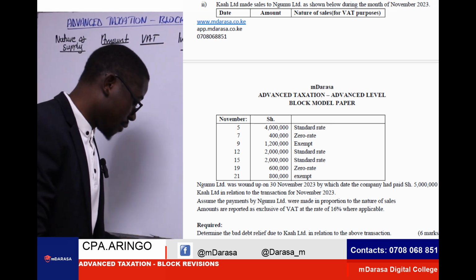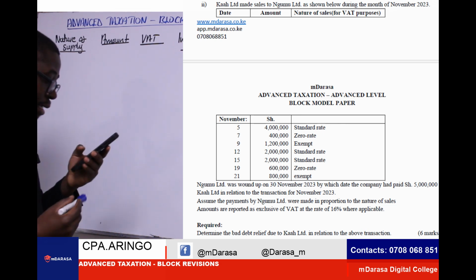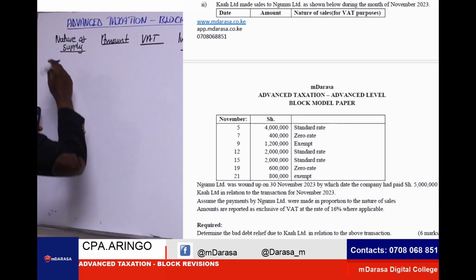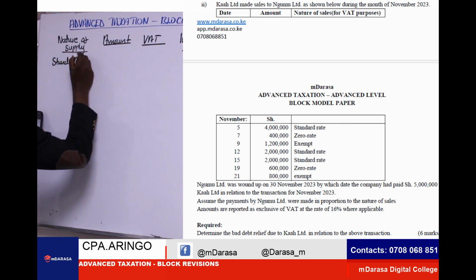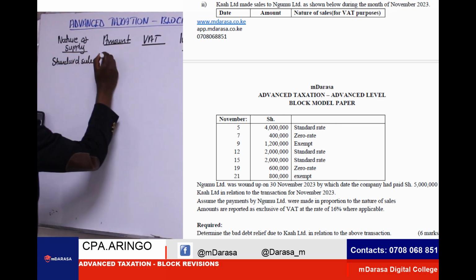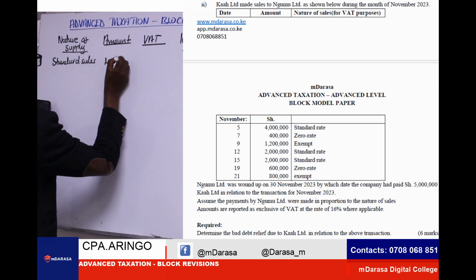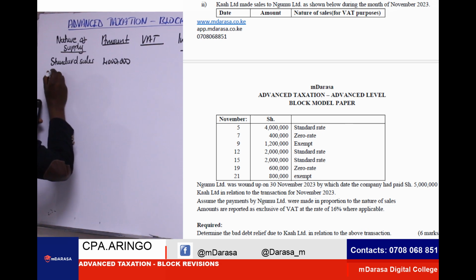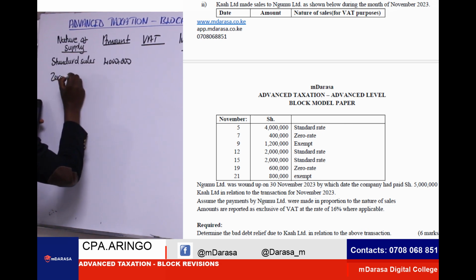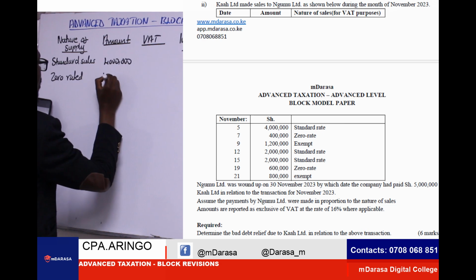Our task will just be a matter of copy pasting. The first point you are given is the standard sales, with a value of 4 million. We have the zero rated sales, with a value of 400,000.